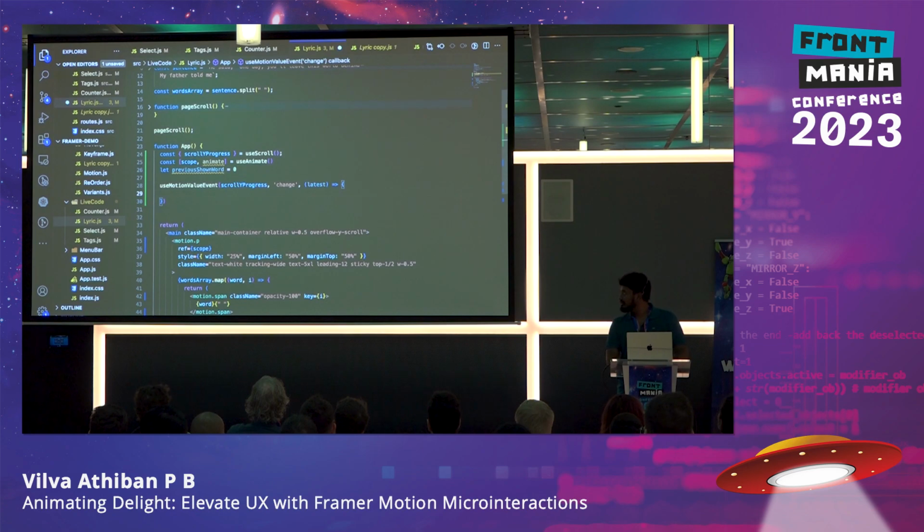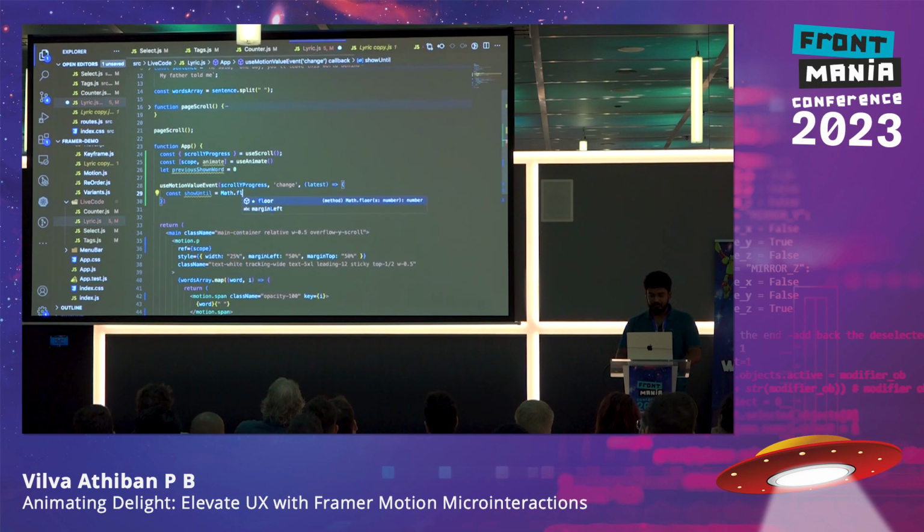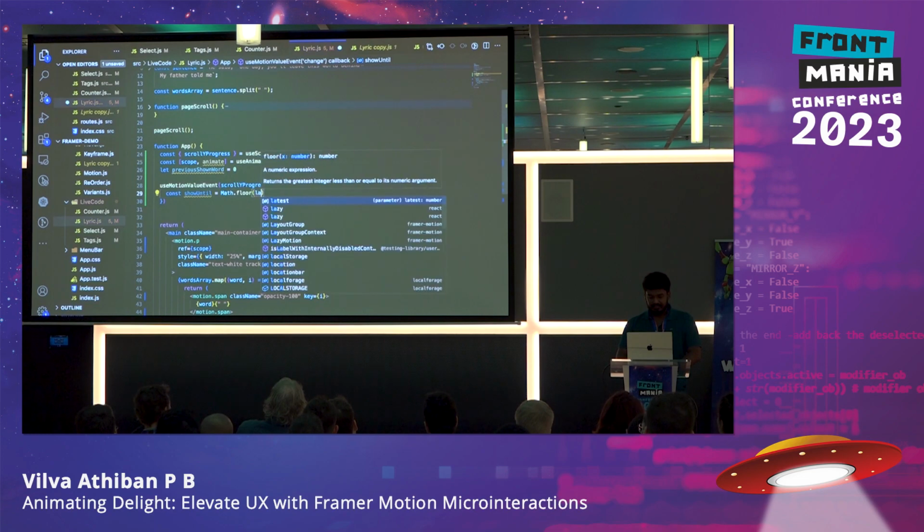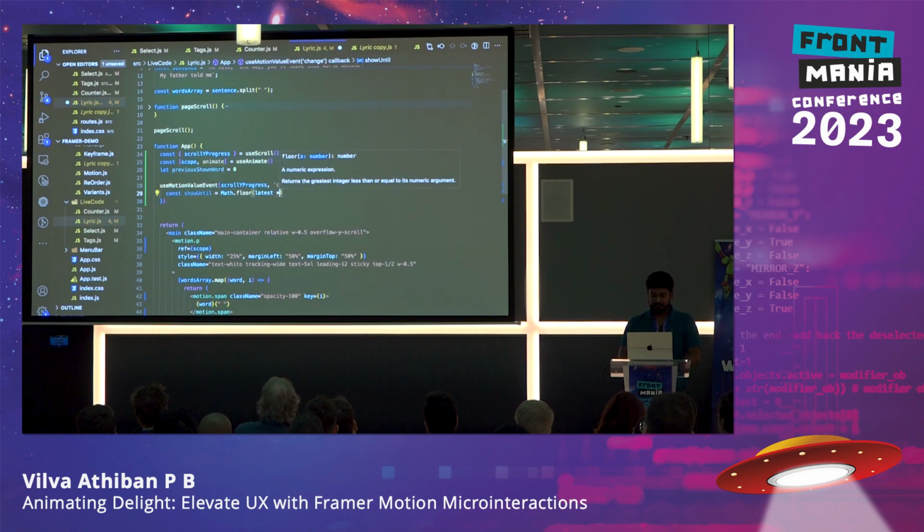And inside the callback, what am I going to do? I'm going to calculate something called showUntil. That is, okay, the page has scrolled, it has come to a certain position. Now I need to decide until which word I should show, right? So showUntil is Math.floor of latest, that is my latest scroll value, times wordsArray.length.